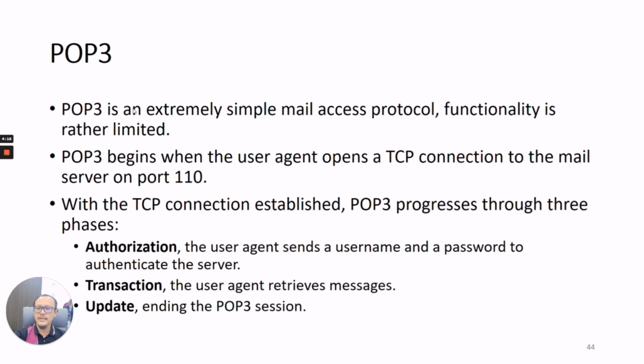POP3 is an extremely simple mail access protocol, and its functionality is rather limited. With the TCP connection established, POP3 progresses through three phases. First is authorization, where the user sends the username and password. Second is transaction, where the user retrieves the messages, and lastly update, which is the end of the session. So that's all. It's really simple: you log in, you retrieve the messages, and you log out.